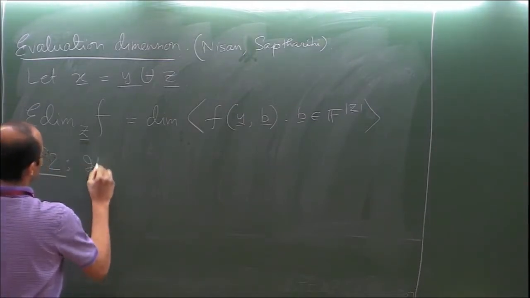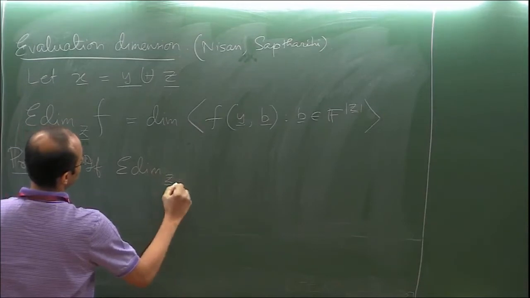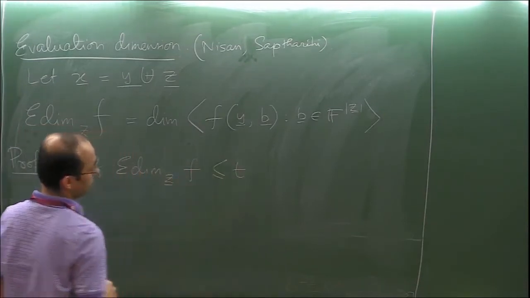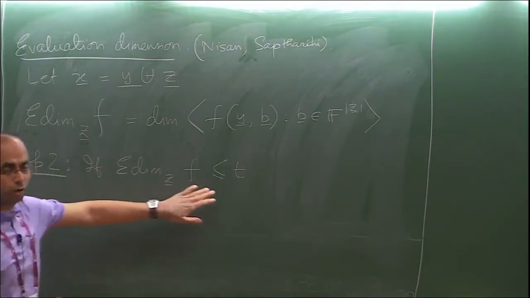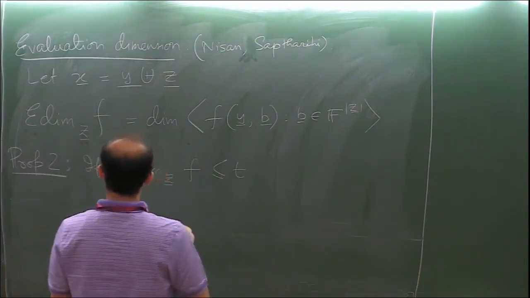So suppose, to begin with, you know some upper bound on the evaluation dimension of f. We'll see in a while that this requirement is not necessary, it can be leveraged.